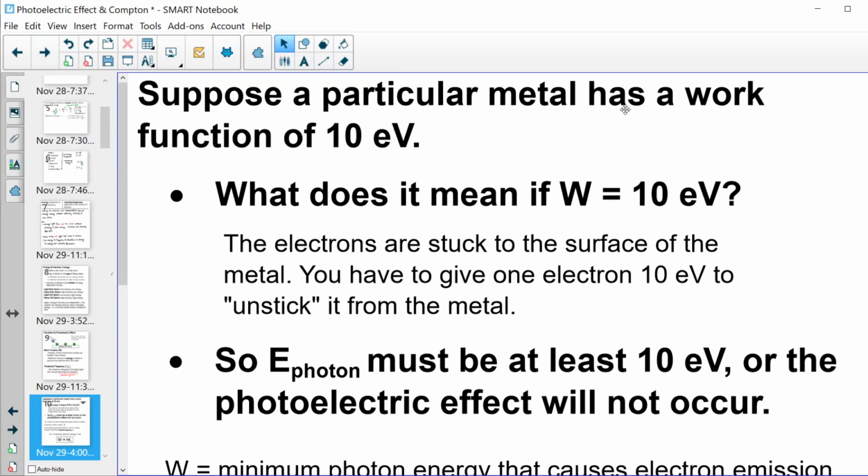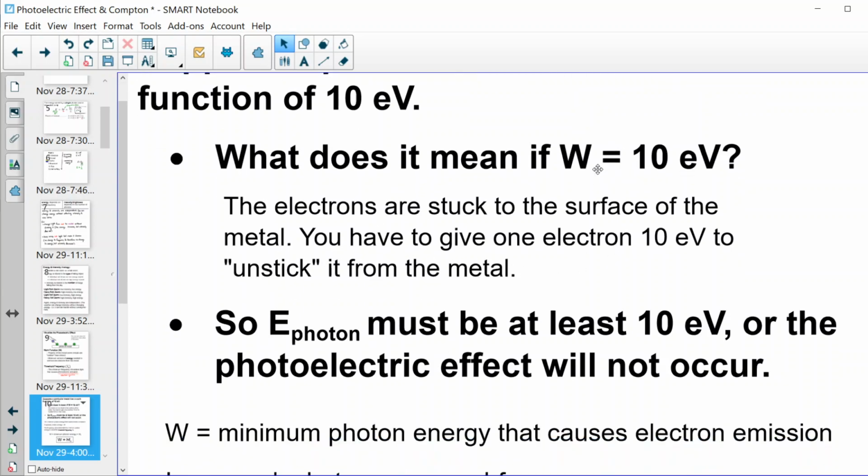So let's say we have a particular metal, and this metal has a work function of 10 electron volts. What does that actually mean? The electrons are currently bound to the surface of the metal, or they're stuck there. If you want to unstick an electron, if you want to free it from the metal, you have to give that electron 10 electron volts. We call this overcoming the work function.